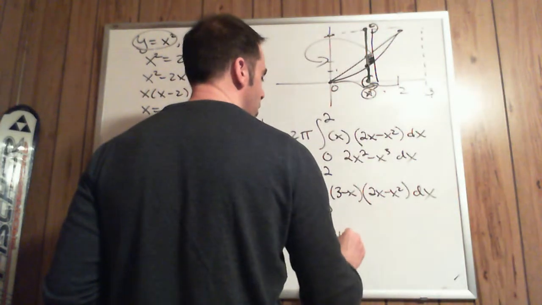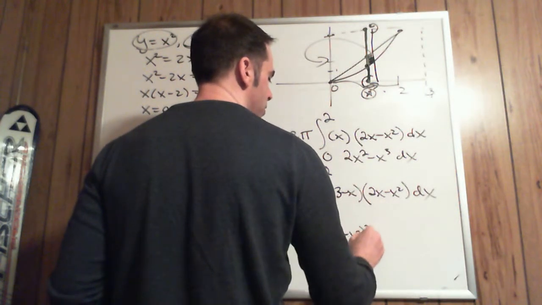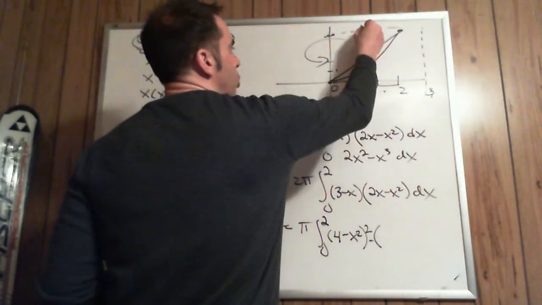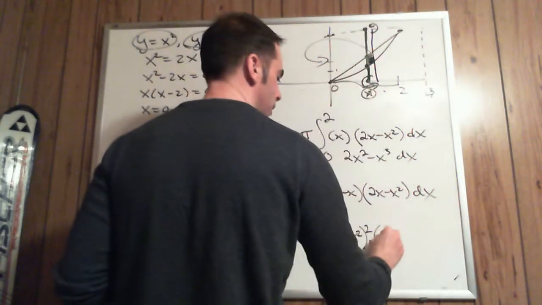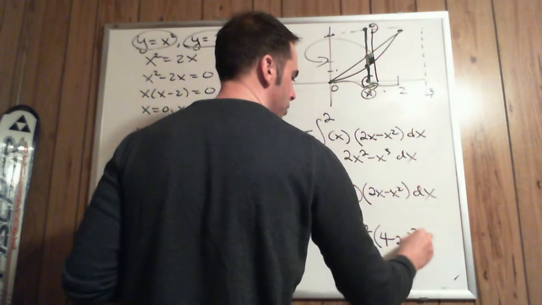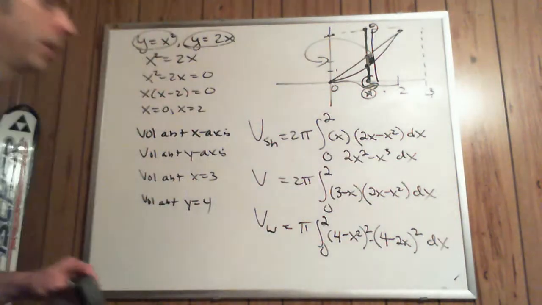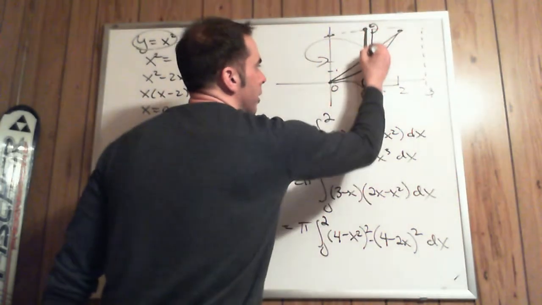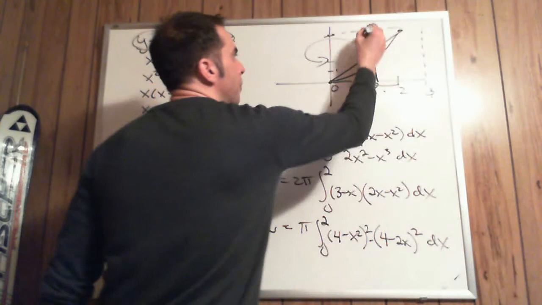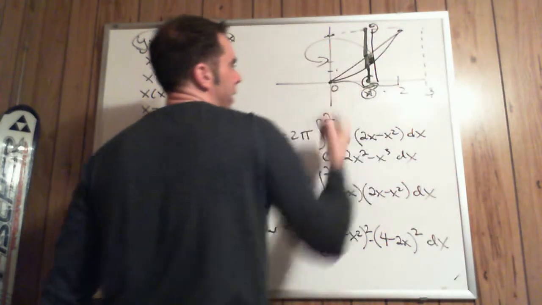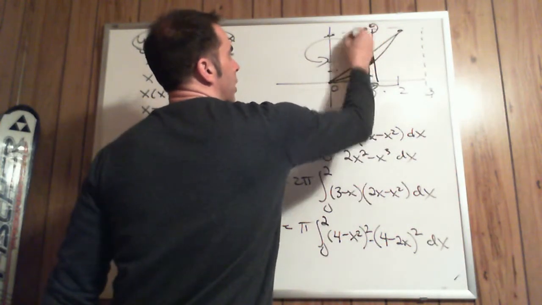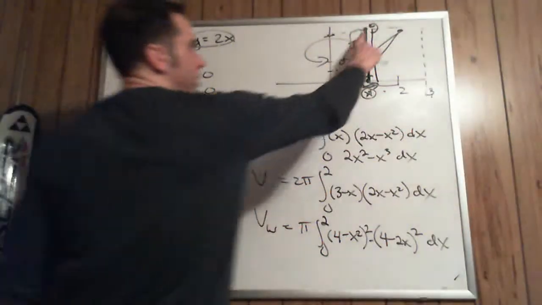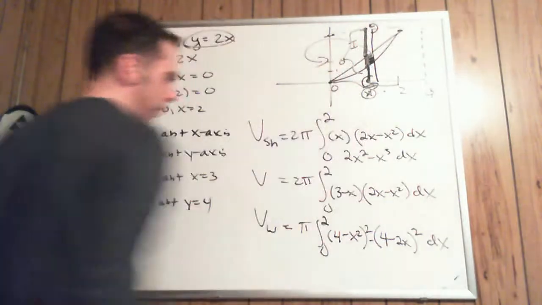So it'd be (4 minus x squared) squared minus the clear piece, which would be (4 minus 2x) squared dx. Okay? Volume of the big radius from here to here squared minus the volume of the inner radius. This we call the inner, this we call the outer. Or I call this the big radius and the clear radius.